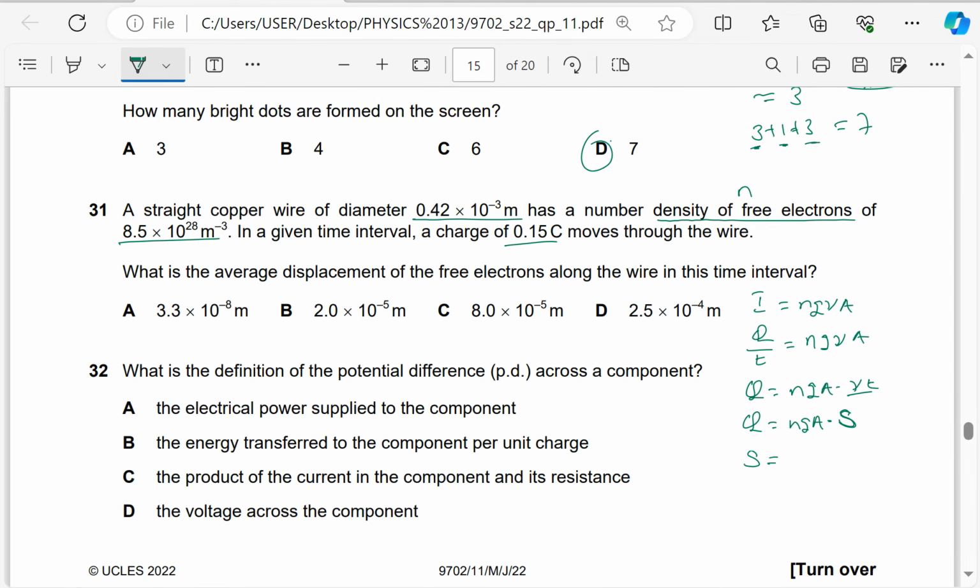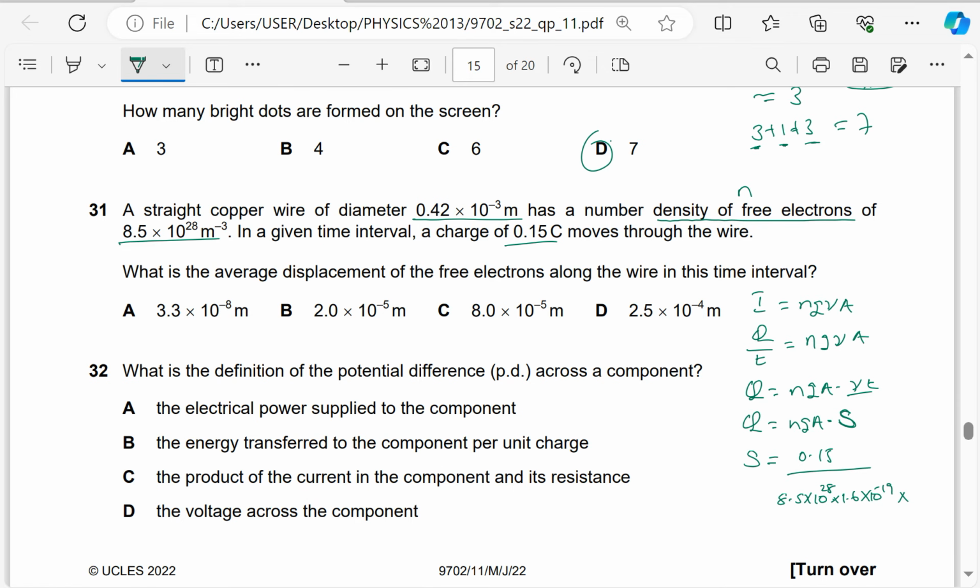So the displacement S is going to be equal to Q, where Q is 0.15 coulombs, divided by n. n is 8.5 times 10 to the power of 28 times q. q is the charge of one electron, which is 1.6 times 10 to the power of minus 19, then times area.